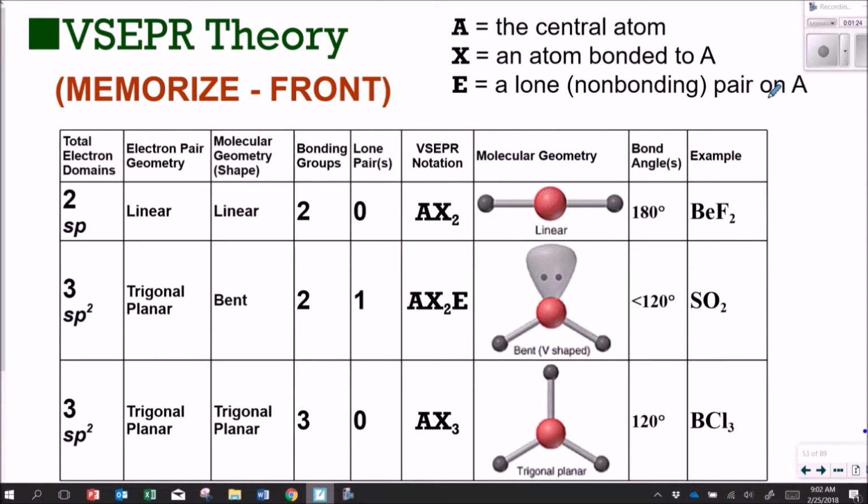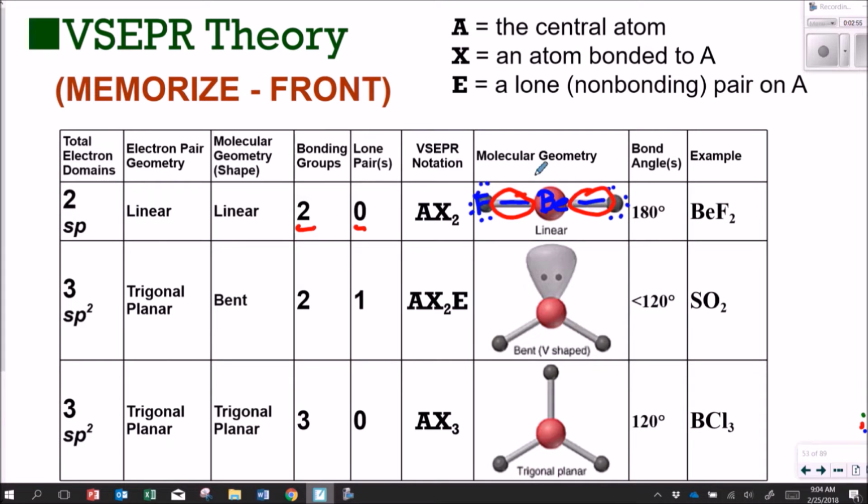Let's practice reading this chart by doing a few examples. First, we have to draw the Lewis structure for the molecule and establish how many bonding groups are around the central atom. So for beryllium difluoride, we have 1, 2 bonding groups. Next, establish how many lone pairs are around the central atom, and we have none for this molecule.